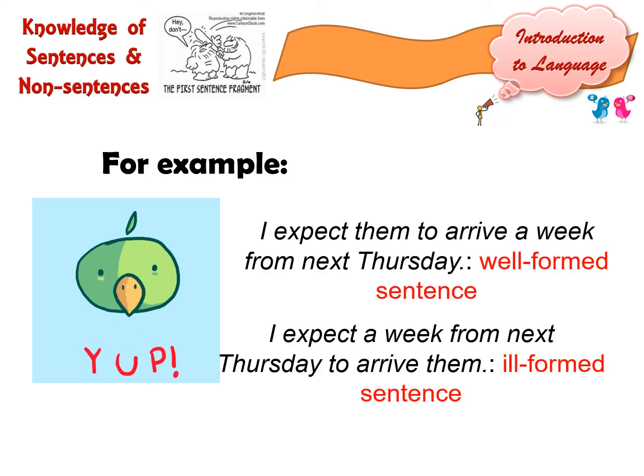For example, you know that the sentence, "I expect them to arrive a week from next Thursday," is a well-formed sentence, while "I expect a week from next Thursday to arrive them" is an ill-formed sentence.